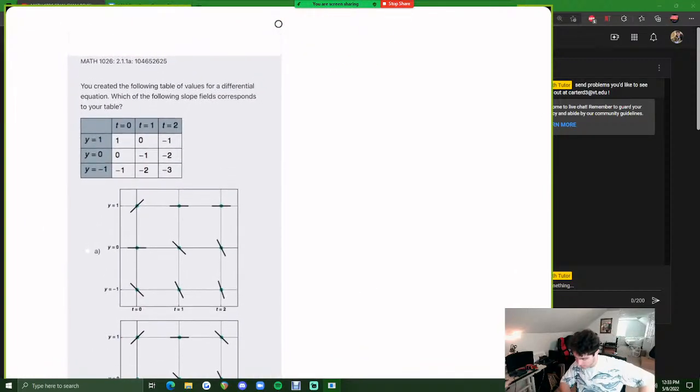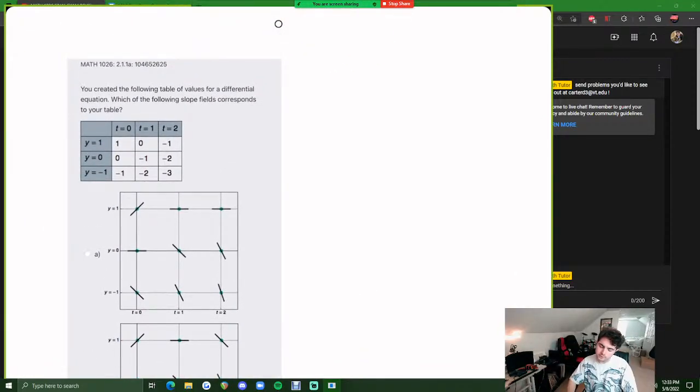In the next section, they talked about slope fields. Slope fields are basically visuals of the paths that different solutions to differential equations could take. In other words, if you have y prime as some equation, if you plug in a certain t and y value, it should output what the y prime value is, in other words, the slope, at a certain t and y location.